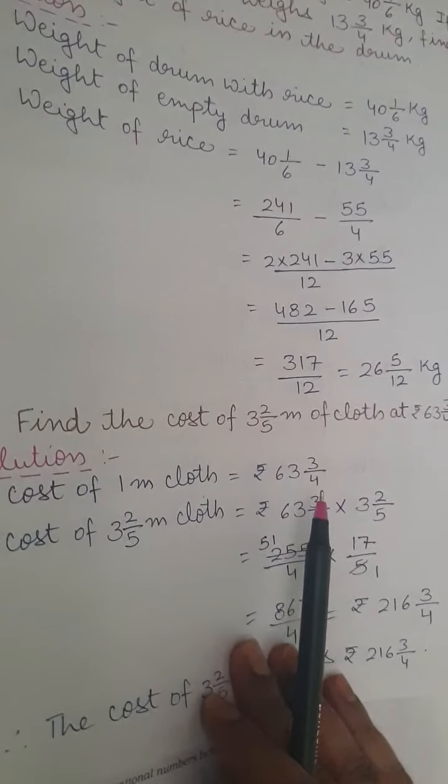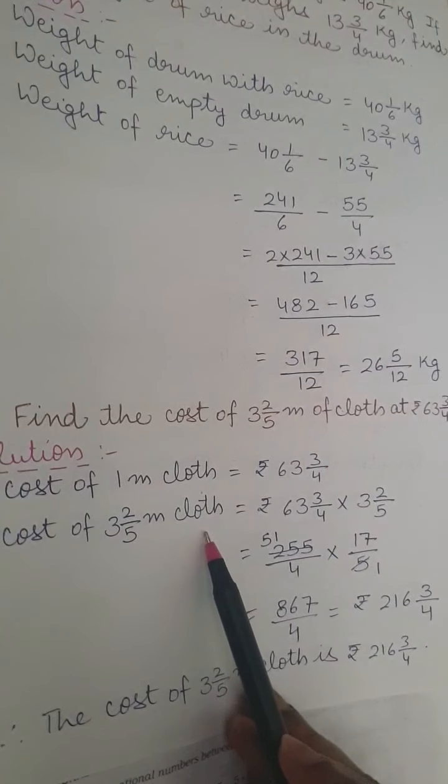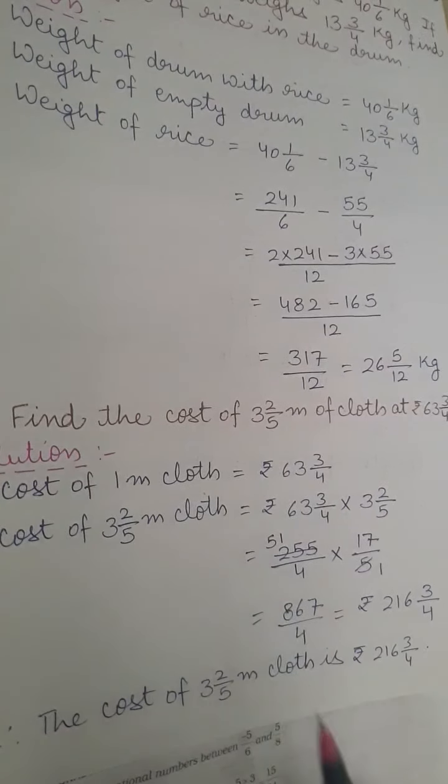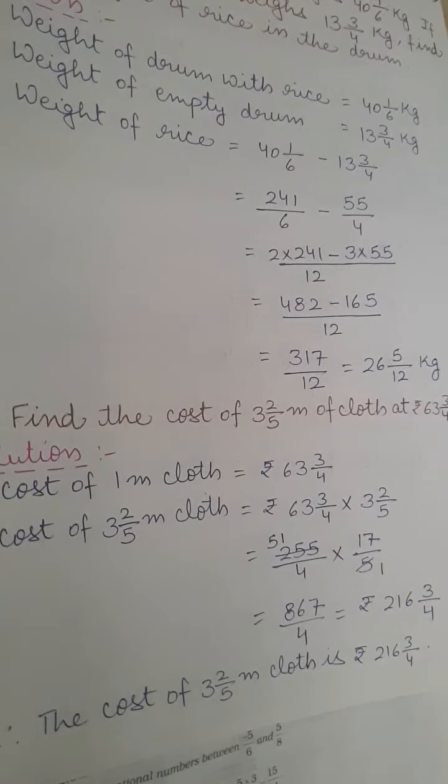In this question, the cost of 1 meter is given and you have to find out the cost of 3 and 2/5 meter. In these types of questions, when the value of a smaller quantity is given and the larger quantity is asked, in that case what you have to do?